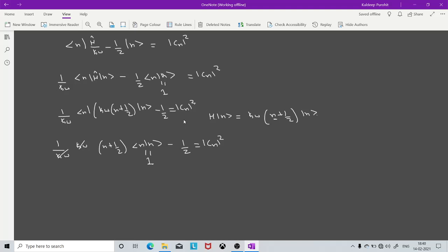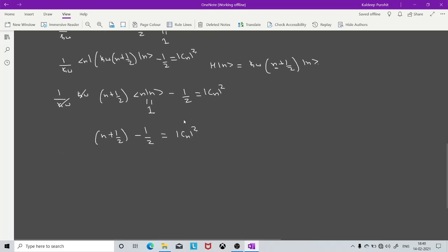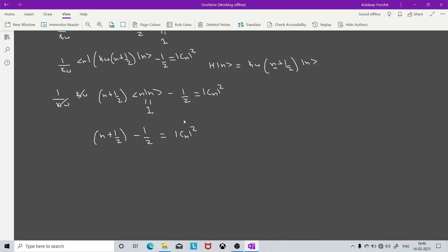H cut omega will cancel out. You will get n plus 1 by 2 minus 1 by 2, which is equal to mod of Cn square. You can see that the 1 by 2 will cancel out.